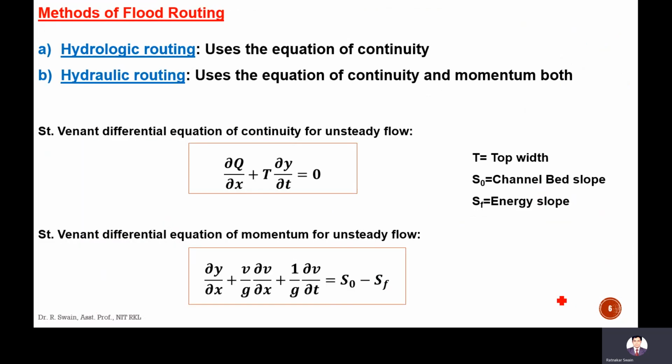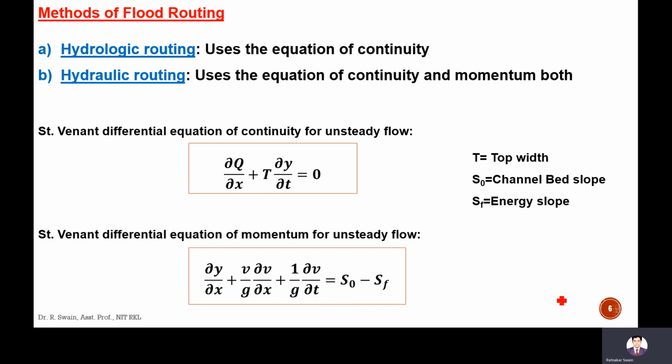Next is methods of flood routing. It depends upon the different methods we are using for the routing. Like we discussed where we are going to apply this, where we are going to determine the flow hydrograph, it can be at a reservoir or at a channel, that is called reservoir routing and channel routing.